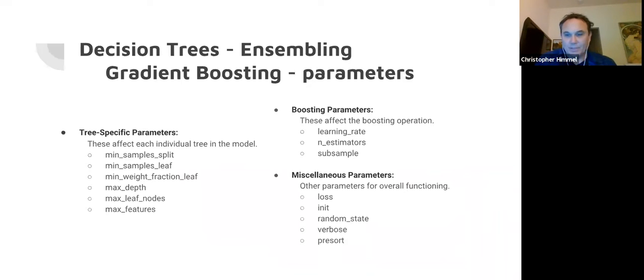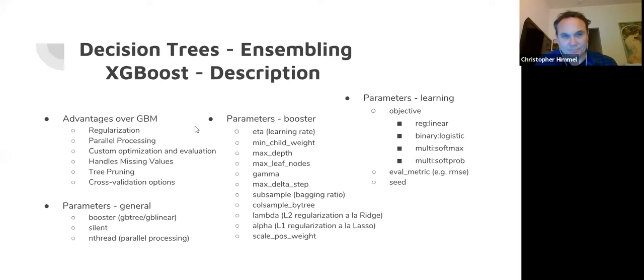All right. So the next thing we're going to look at is a variant on gradient boosting, which is XGBoost. So it's like a boost on a booster. It just has a lot more bells and whistles.